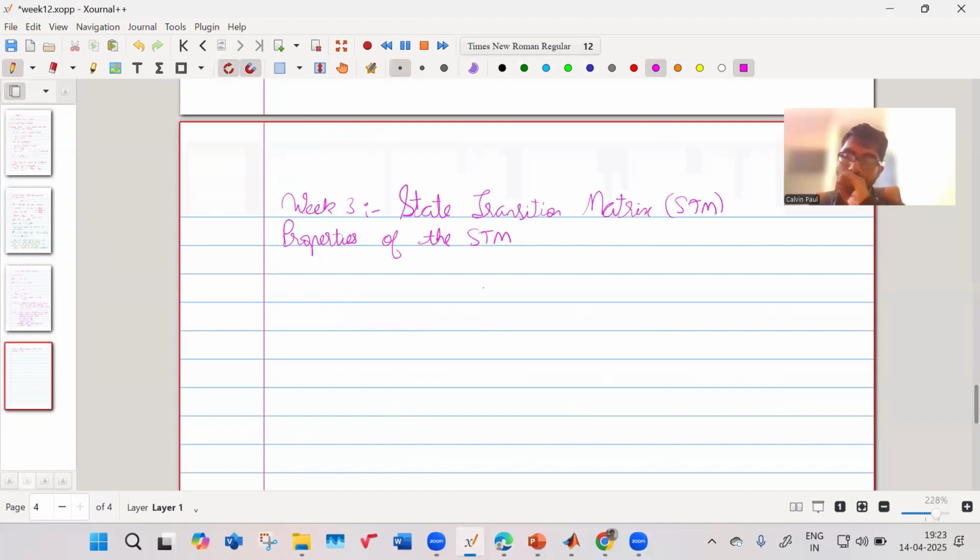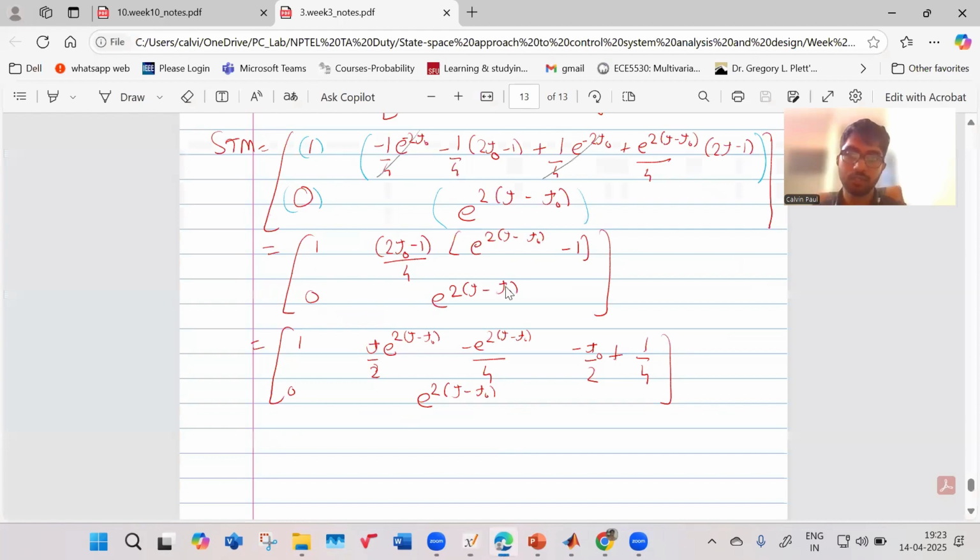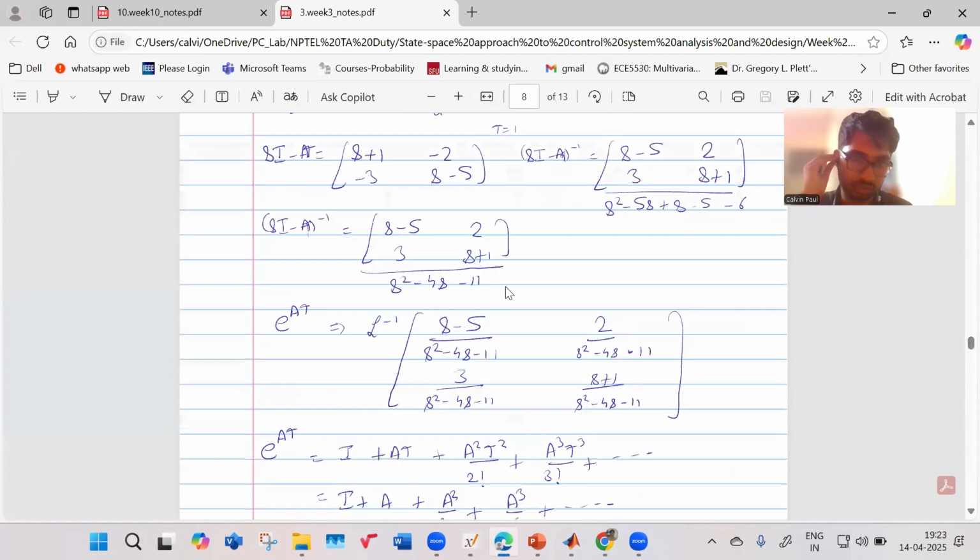Further, we have seen discretization of the system. There are two ways. One is using zero order hold, and one is using Euler's approximation. As well as we have also seen it for linear time varying systems.